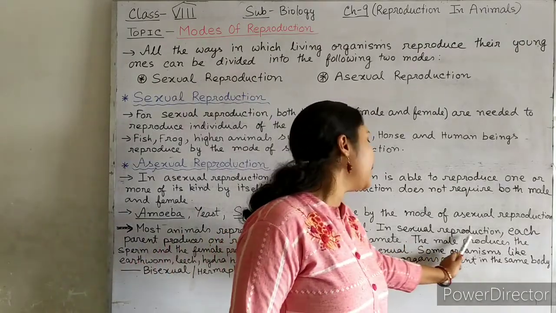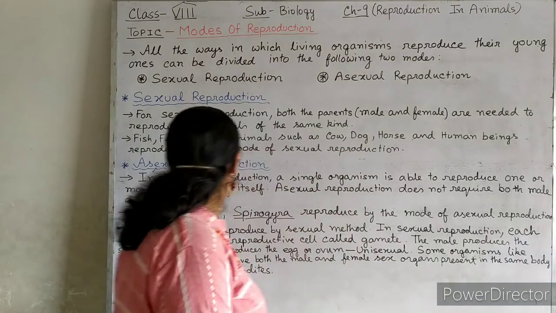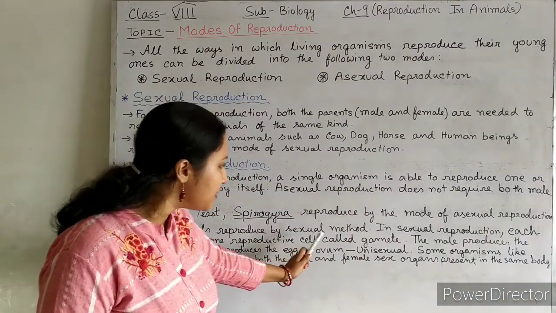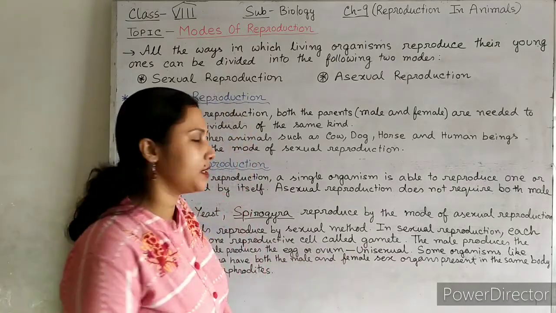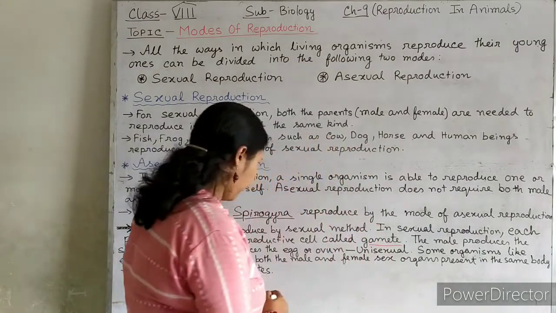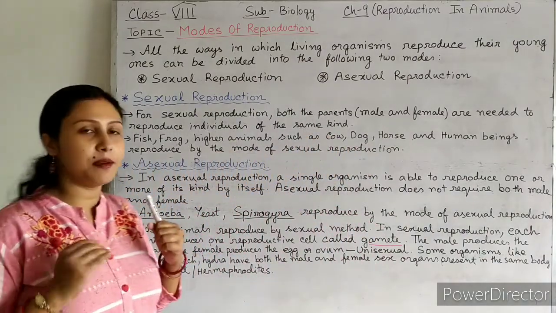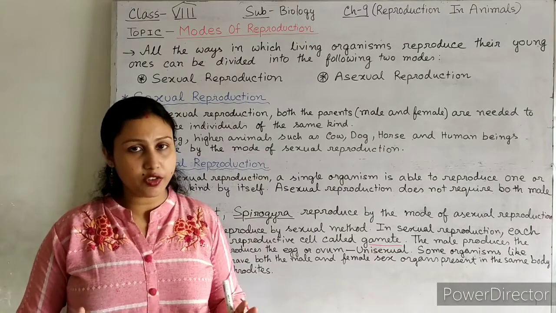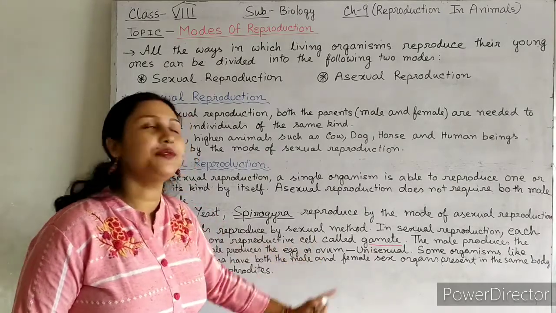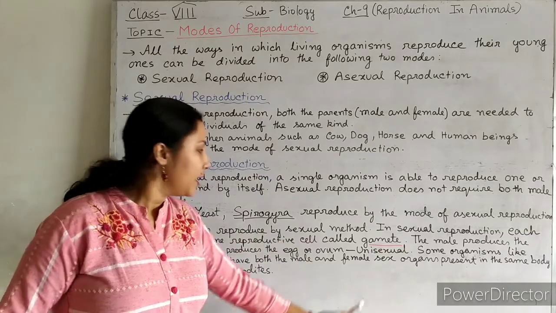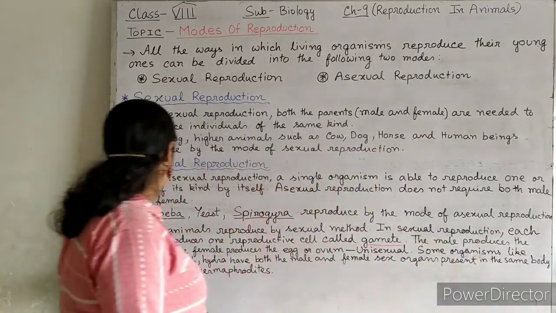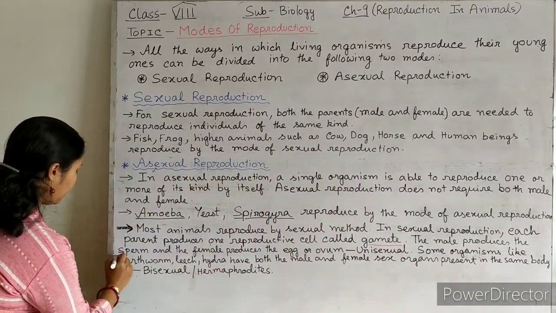In sexual reproduction, each parent, that is the male and the female, individually produces one reproductive cell called a gamete.